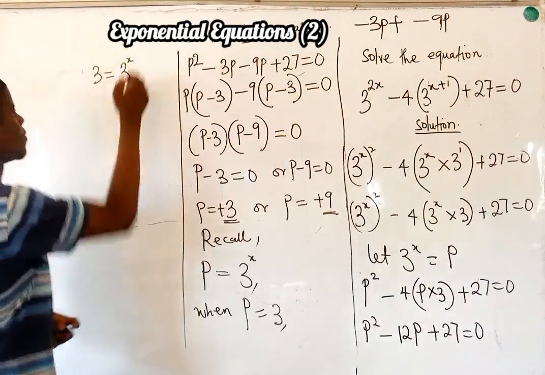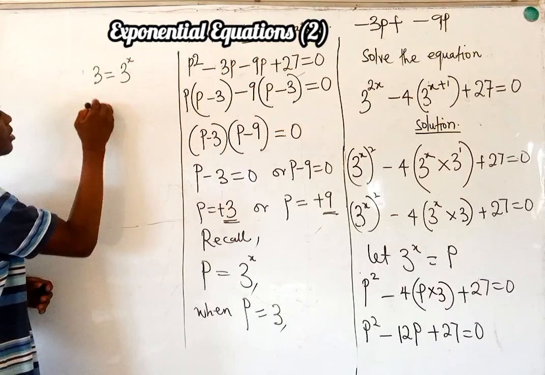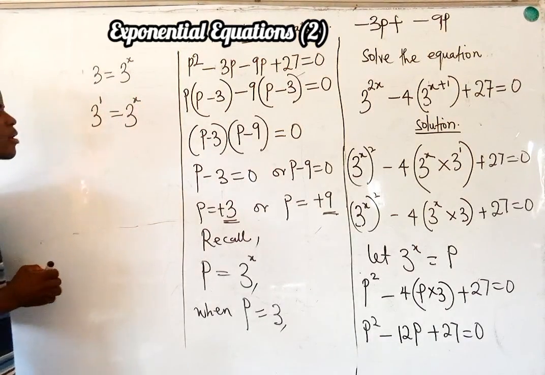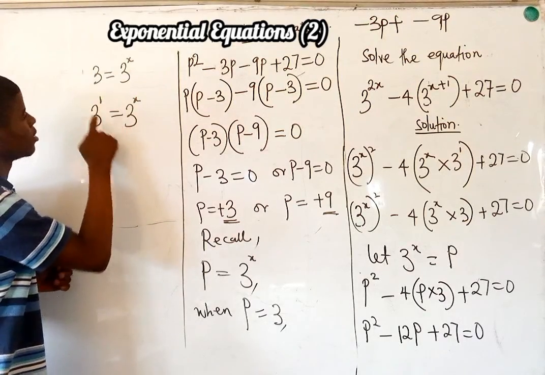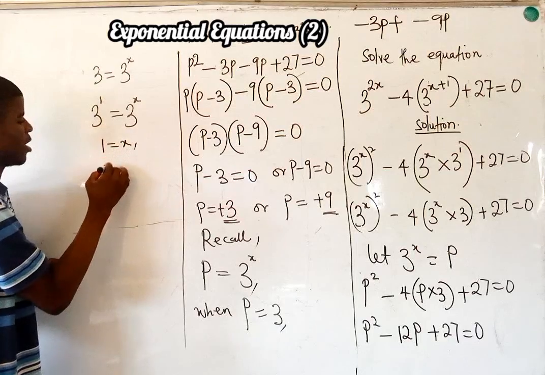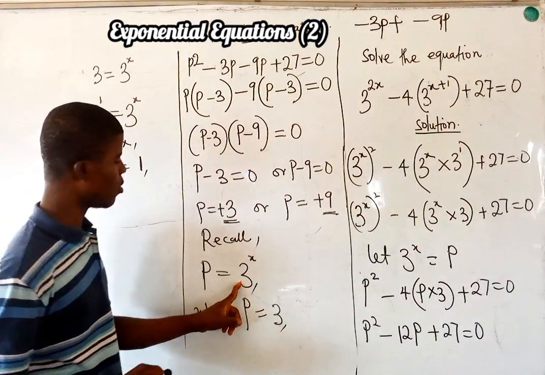You can attest that 3 is the same thing as 3 to the power of 1. So this is 3 to the power of x, and if the bases are the same, the powers will be equated. 1 is equal to x. And this means x is equal to 1.